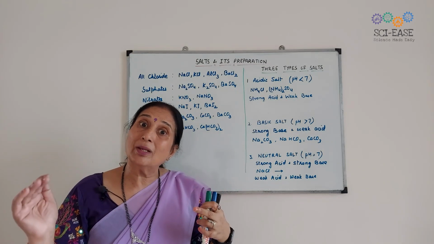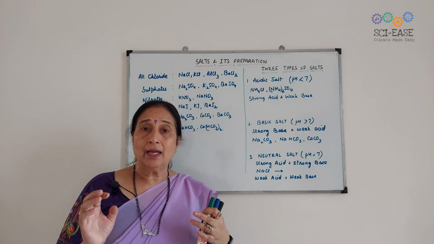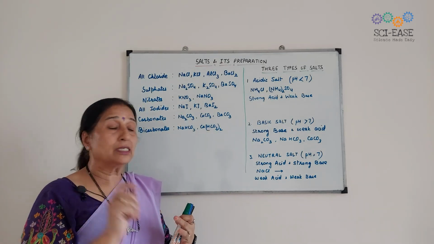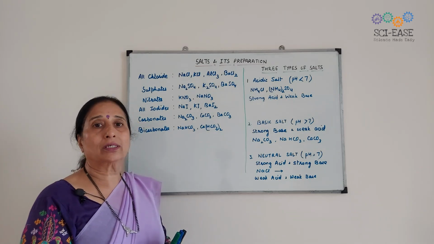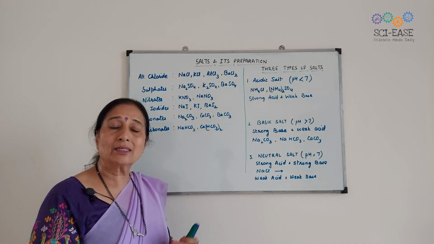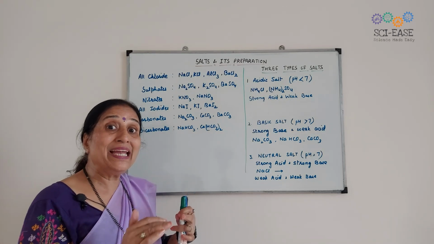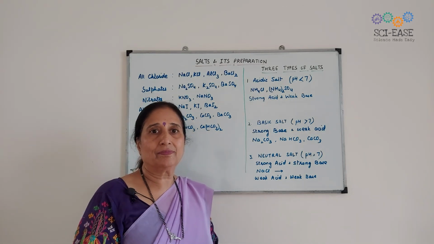Okay. Then there are different types of the salts. That depends upon the pH. First, that is the acidic salt. Acidic salts are those salts which have the pH less than 7. Okay?